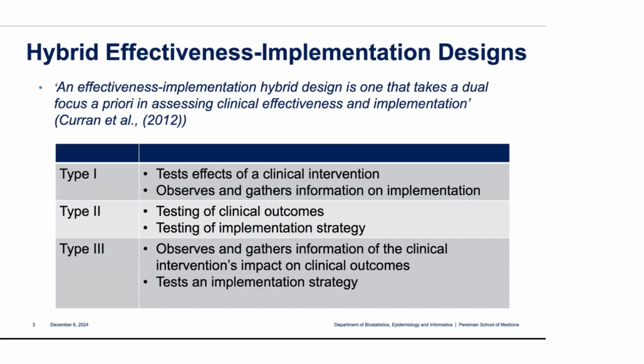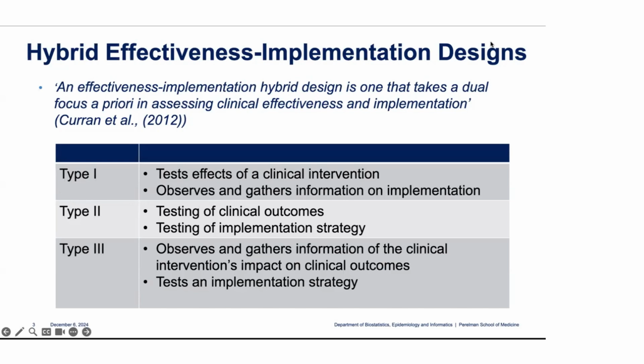Okay. So a hybrid effectiveness implementation design is one that takes a dual focus a priori in assessing clinical effectiveness and implementation. So there's type 1 through type 3 designs, and my understanding is there's a different, I guess, formality about the way that effectiveness and implementation outcomes are considered and evaluated within these trials.